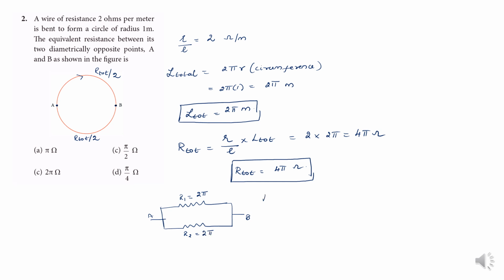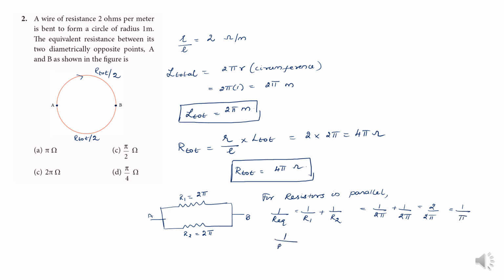For resistors in parallel arrangement, 1 by R equivalent is equal to 1 by R1 plus 1 by R2. So 1 by 2 pi plus 1 by 2 pi, which is 2 by 2 pi, that is 1 by pi.